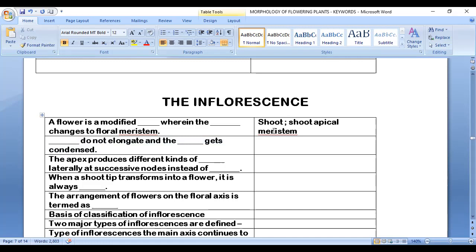Internodes do not elongate and the axis gets condensed. The apex produces different kinds of floral appendages laterally at successive nodes instead of leaves. When a shoot tip transforms into a flower, it is always solitary.